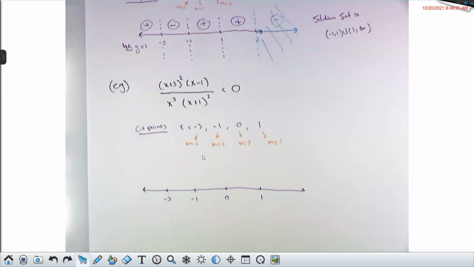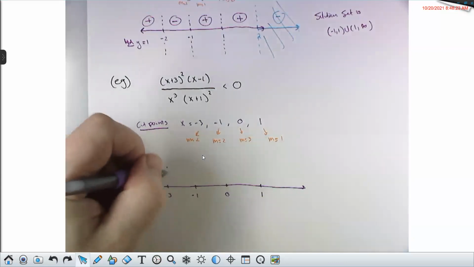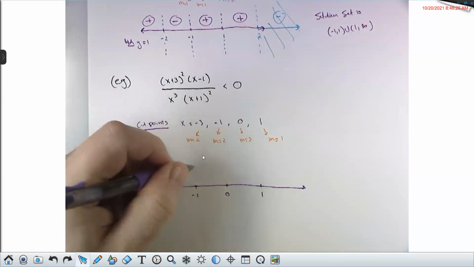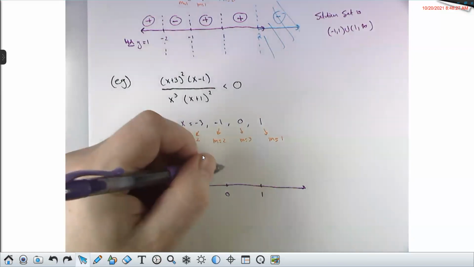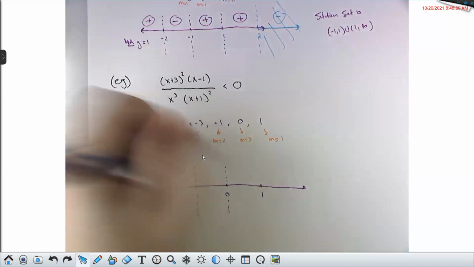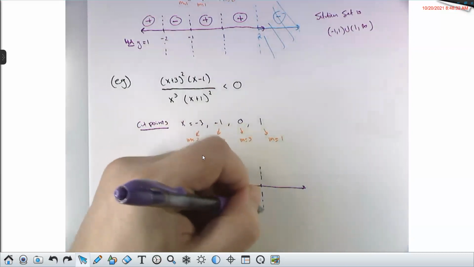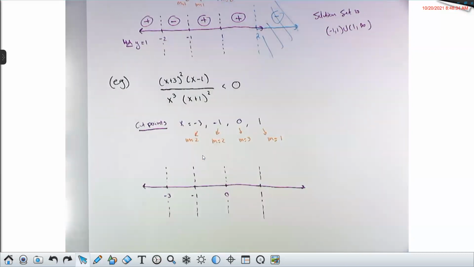Okay, so here's my number line. The degree of the top here is 3. The degree of the bottom here is 5. So the horizontal asymptote is the line y = 0, which is neither positive nor negative.